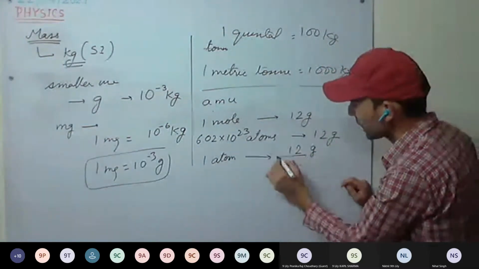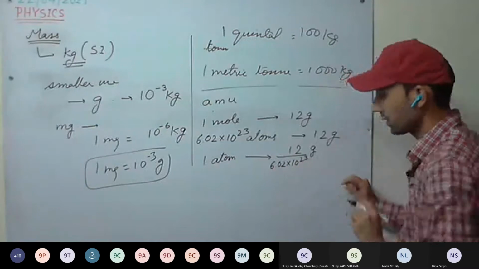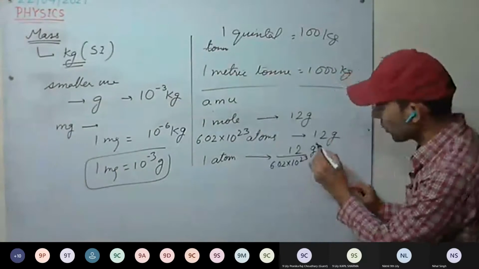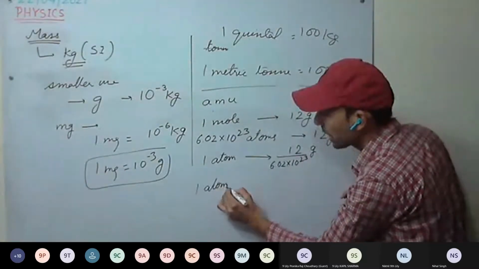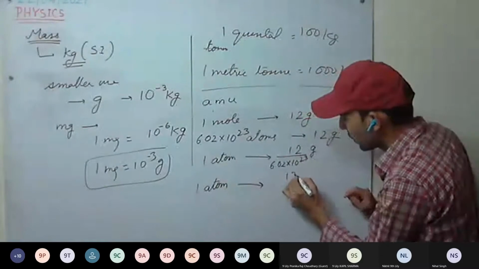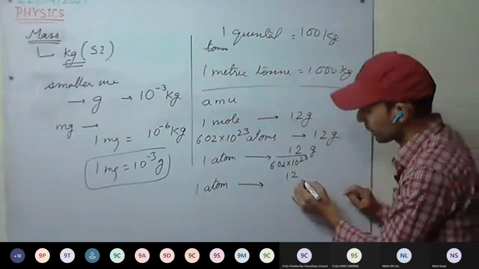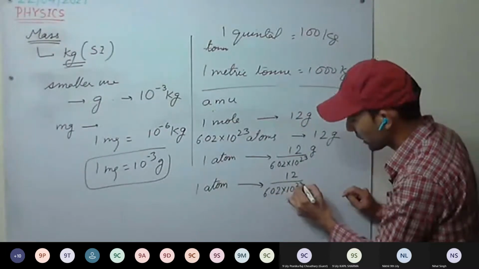12 gram divided by 6.02 into 10 raised to power 23. This you have understood? Now we will convert gram into kg. So 1 atom mass will be 12 into 10 raised to power minus 3, divided by 6.02 into 10 raised to power 23.